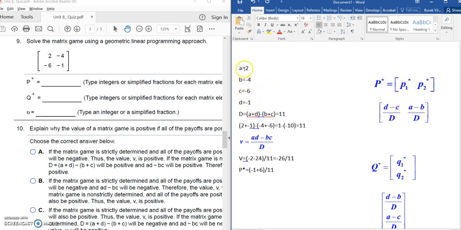And the second entry is A minus B. So 2 minus -4 turns into +4, divided by 11, capital D. So that's going to give us P star equals 5 over 11, and the second entry is 6 over 11. So that's P star.